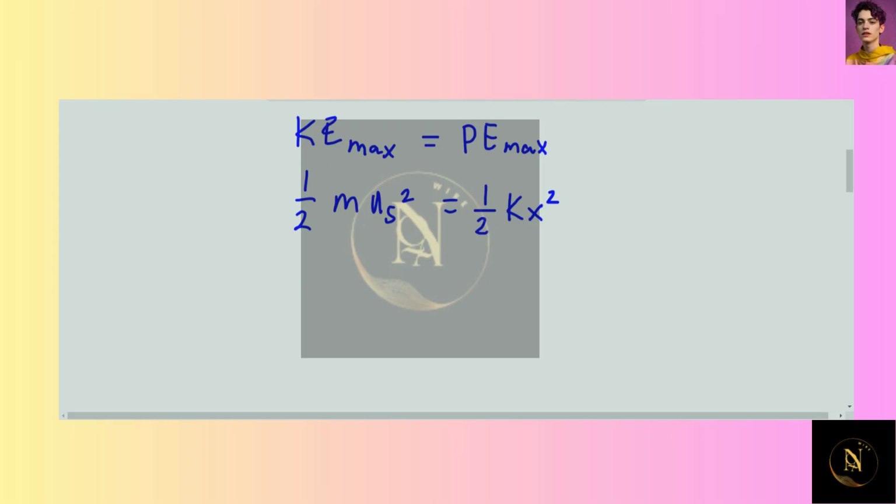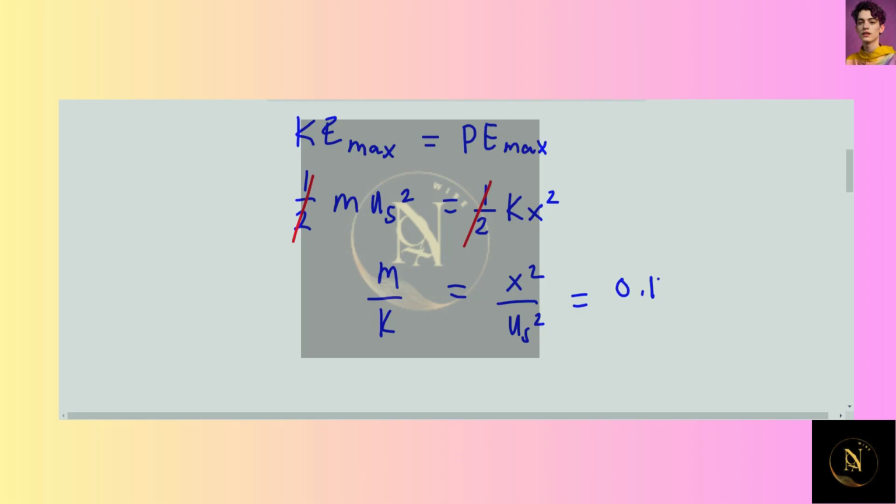So basically what that allows us to do is to solve for m over k, which is exactly what we need for the period. So we're not going to be able to get m or k themselves, just the ratio between them. So I'm going to divide by k, and then I'm going to divide by US squared. So I get m over k is equal to x squared over US squared.